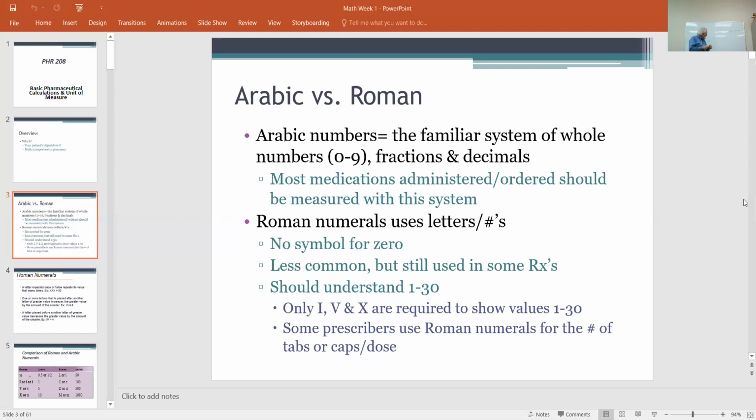How that reads is Vicodin 10 milligrams, take 2 tablets every 4 hours as needed for pain. But note these are Roman numerals.